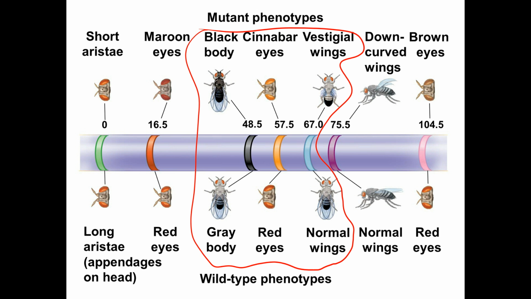So we're going to look at body color, eye color, and wings. Black body, gray body, red eyes, cinnabar eyes, normal wings, vestigial wings. So you're looking at wild type phenotypes and mutant phenotypes. Mutant phenotypes are on the top, wild type phenotypes are on the bottom.